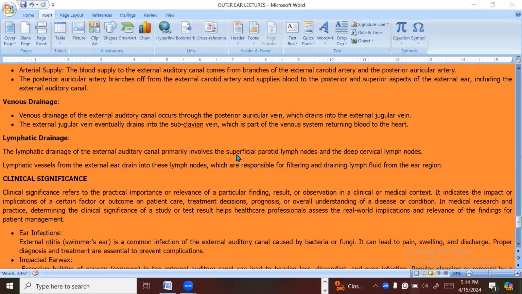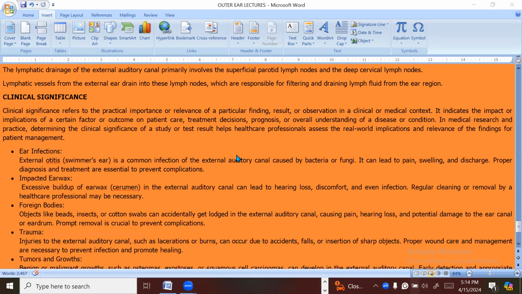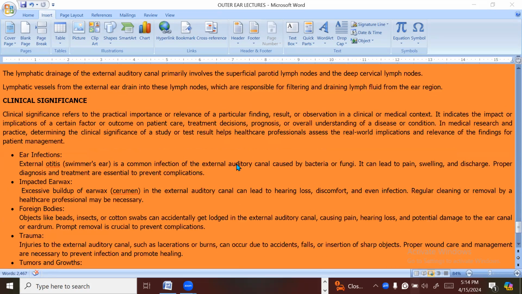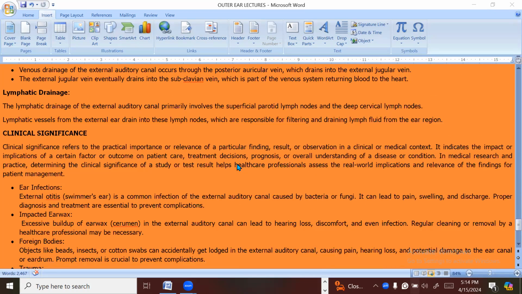Okay. What is the clinical significance of us studying this external auditory canal? We said that clinical significance refers to the practical importance or relevance of that particular finding in a clinical or medical context. Of what importance is it?